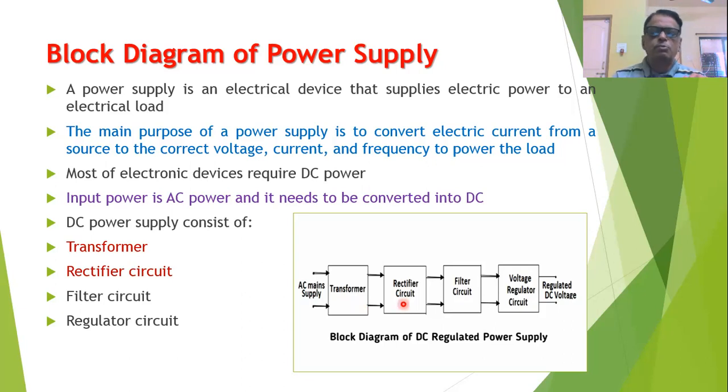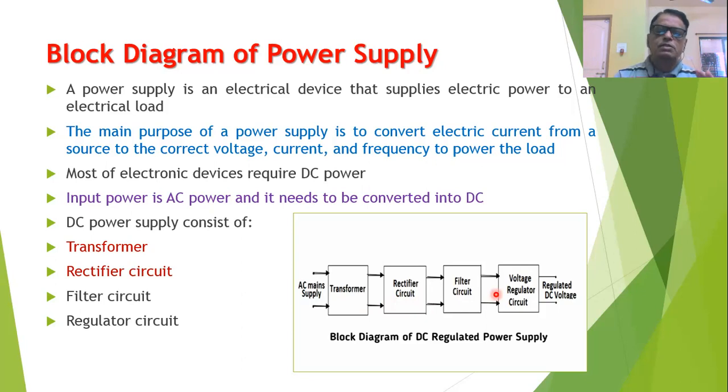The output of the transformer is connected to the rectifier circuit, where it will convert the AC into DC. The filter circuit will provide stabilization to the output, and the regulator circuit will develop the regulated DC output. So these are the four main blocks normally used in the construction of a regulated power supply.